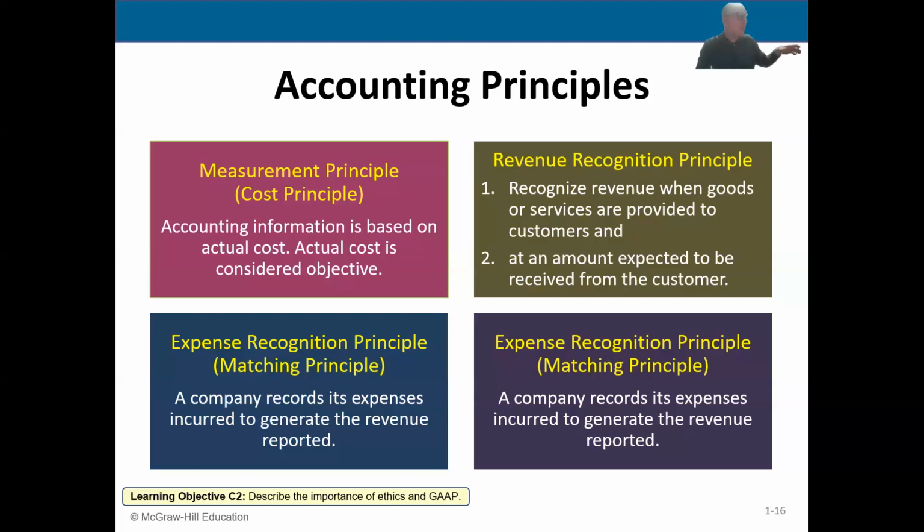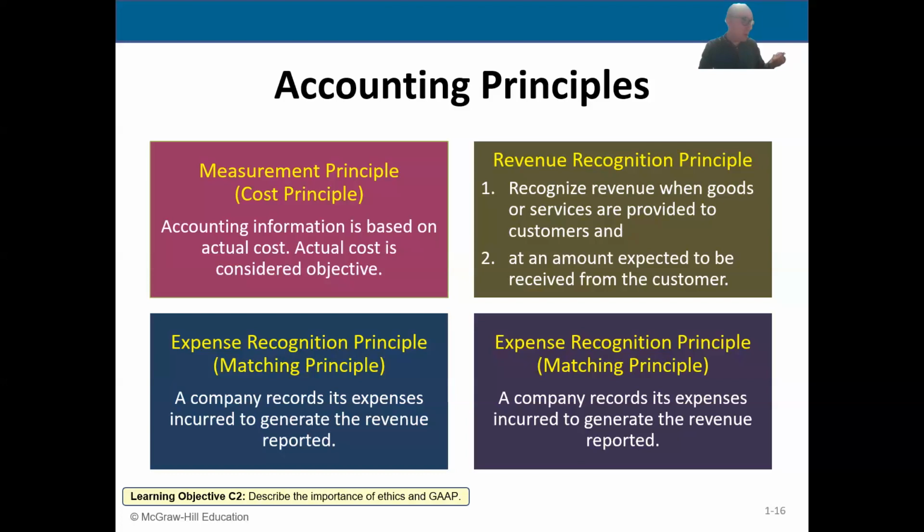All right, so earned revenue is when the customer has agreed to pay and you, the business, have provided the good or the service. Once you provide the good or the service, that is when you can recognize revenue.